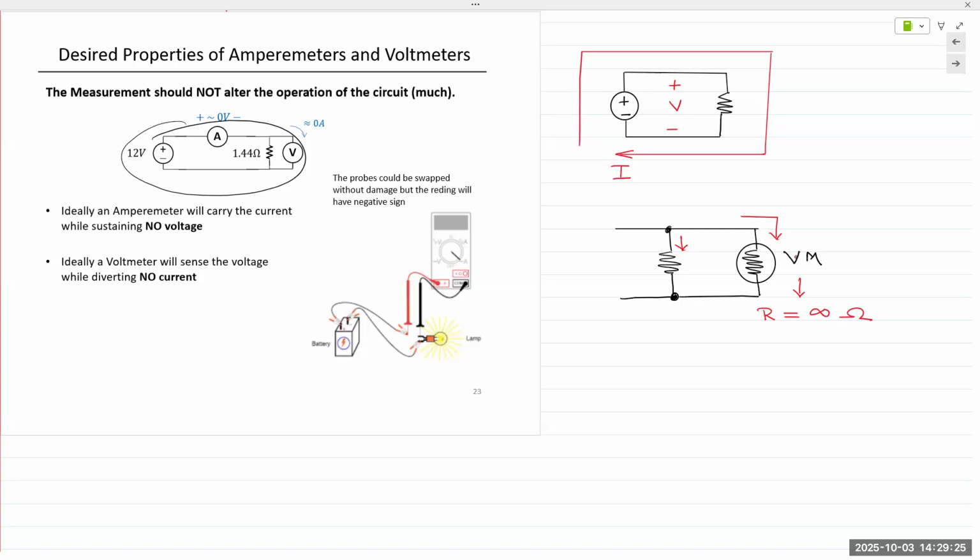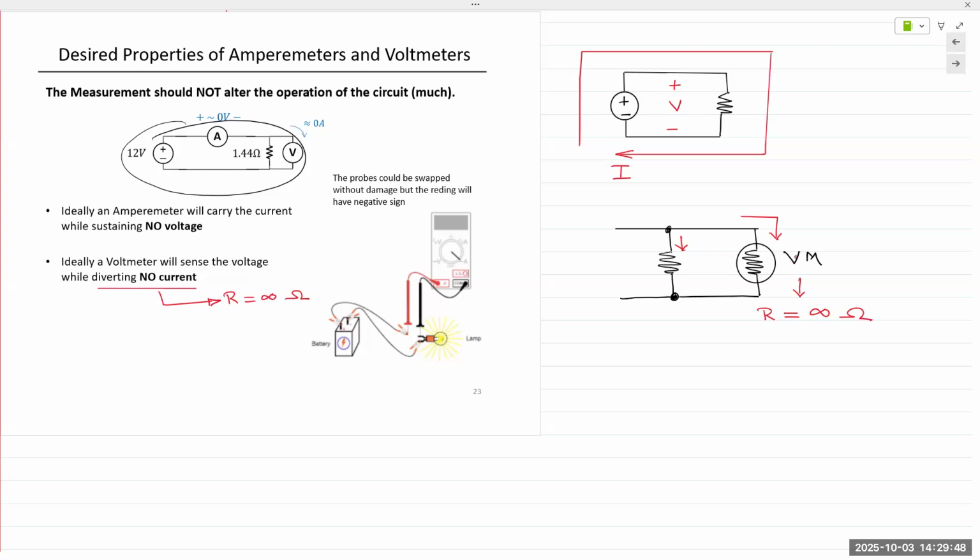If it is infinite, what is the current flowing through that infinity? Zero, right? And so an ideal voltmeter will simply sense the voltage, diverting no current, which means resistance is infinite.